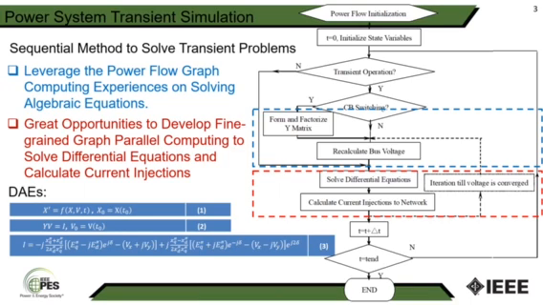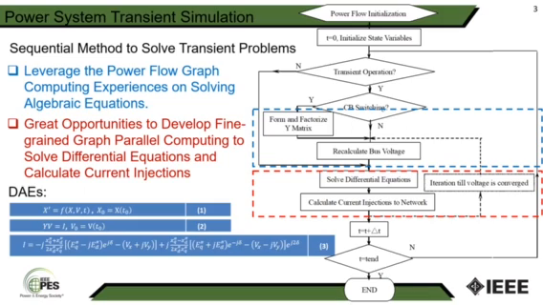So it provides a good opportunity for us to leverage the powerful graph computing experience on solving algebraic equations, as we developed for steady-state applications years ago. And it also gave us a chance to develop fine-grained graph parallel computing to solve differential equations and calculate the current injections.